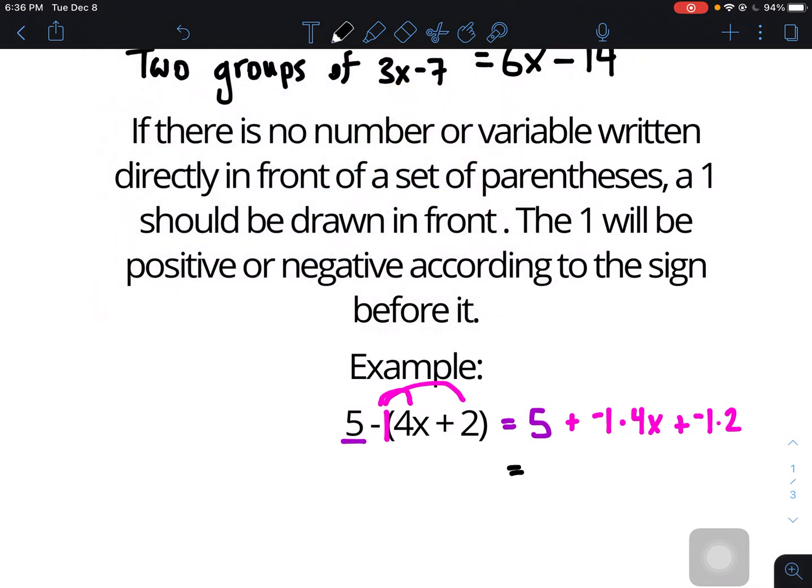So we get 5 plus -1 times 4x is -4x plus -2.